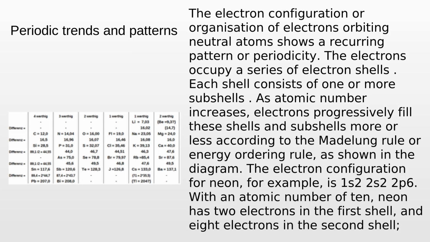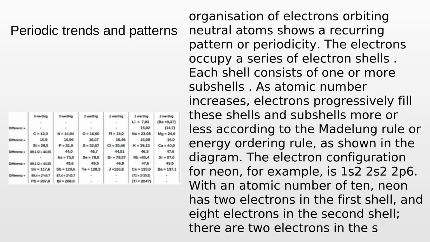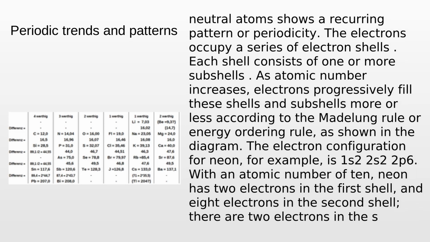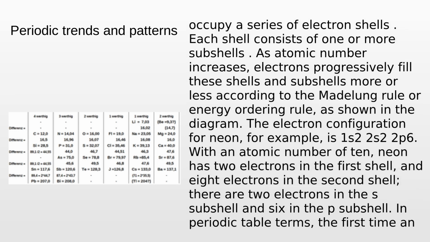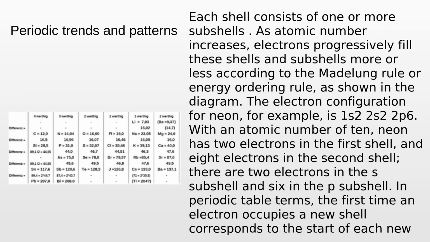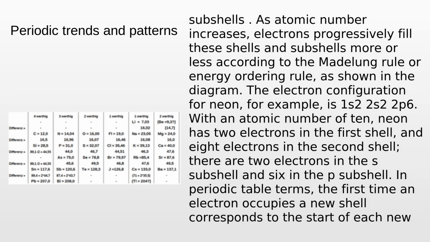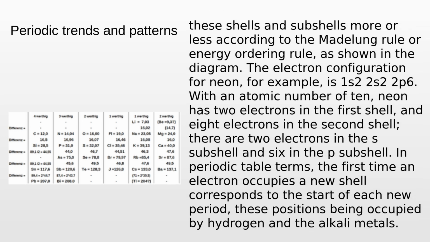The electron configuration, or organization of electrons orbiting neutral atoms, shows a recurring pattern or periodicity. The electrons occupy a series of electron shells. Each shell consists of one or more subshells. As atomic number increases, electrons progressively fill these shells and subshells more or less according to the Madelung rule, or energy ordering rule.